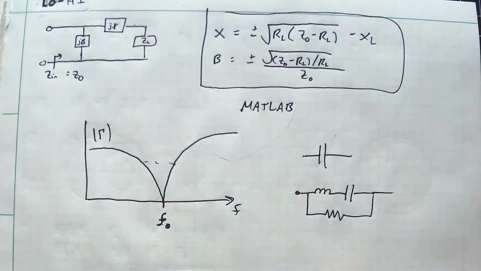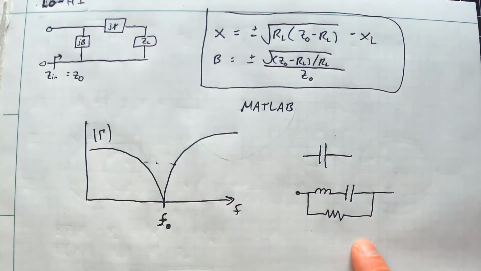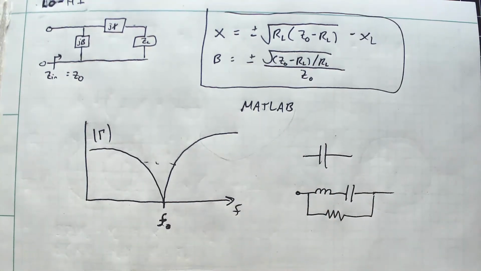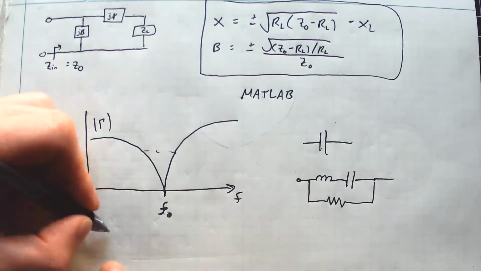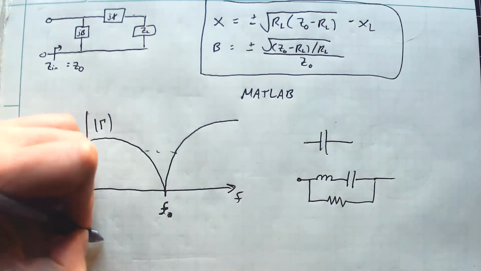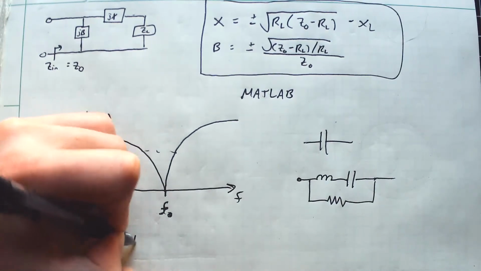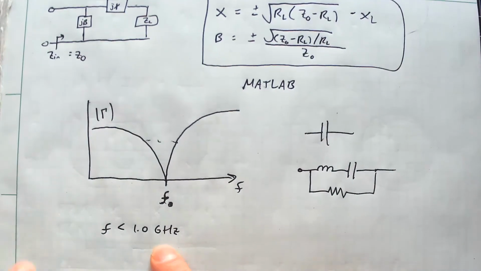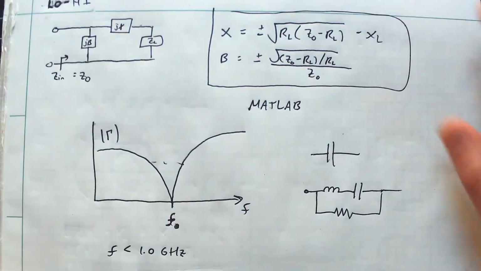There'll be some dissipation there. And as you get very, very high in frequency, these little parasitic parameters start to really add up and cause trouble. So the book suggests that, as a general rule, lumped element matching is nice, but you probably want to keep it under a gigahertz or so. As you get above a gigahertz, this method isn't ideal.